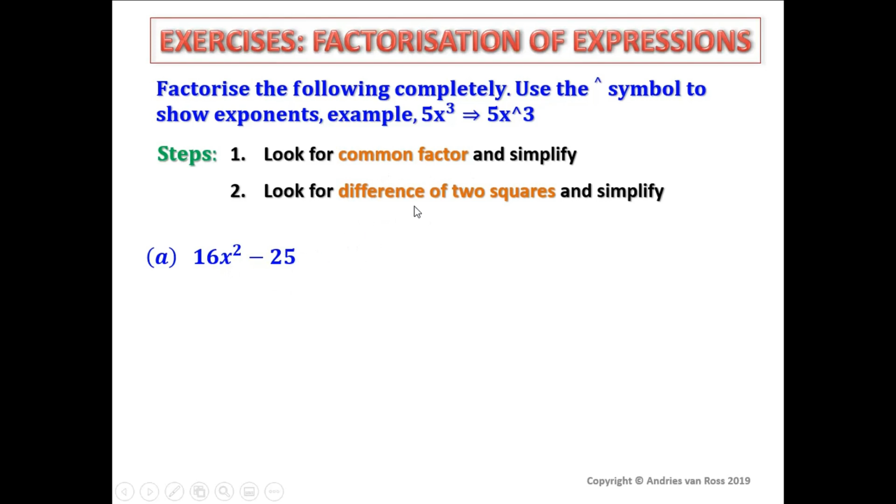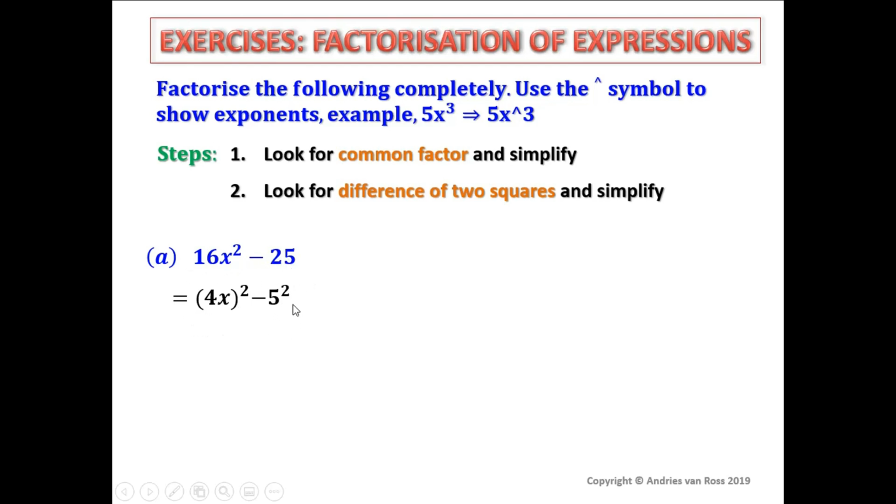Now we look for a difference of two squares. Yes, if you look at the numbers, we've got 16 here and 25 there. So we know immediately we can write these two terms as (4x) squared, because 16x squared can be written as (4x) squared, and the 25 we can write as 5 squared.